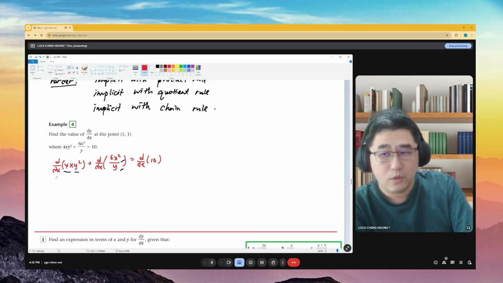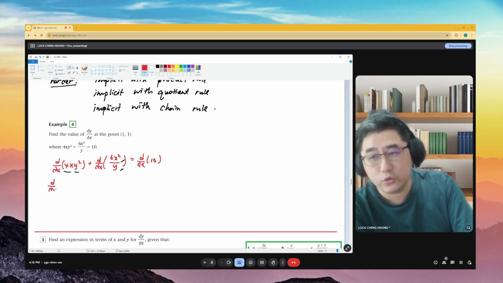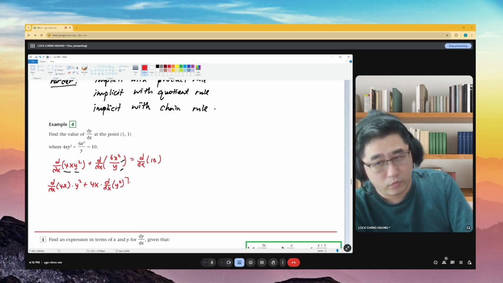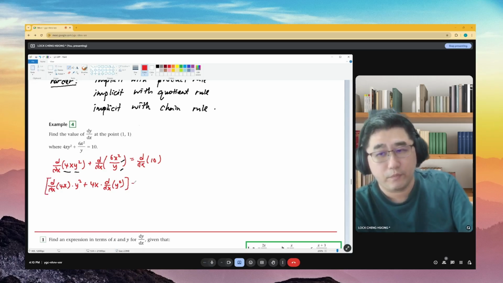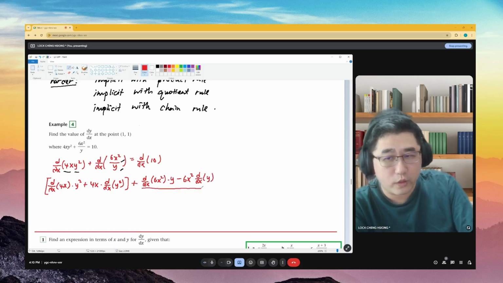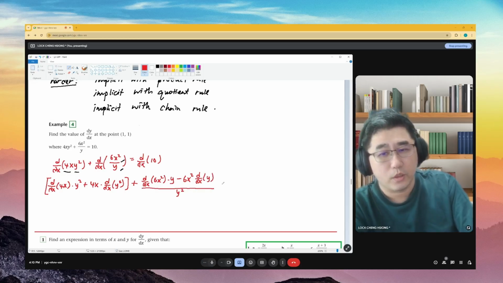Product rule: differentiate u, keep v, plus keep u, differentiate v. This is my first bracket, plus this is the quotient rule: differentiate u, keep v, minus keep u, differentiate v, over v squared, equals 0.